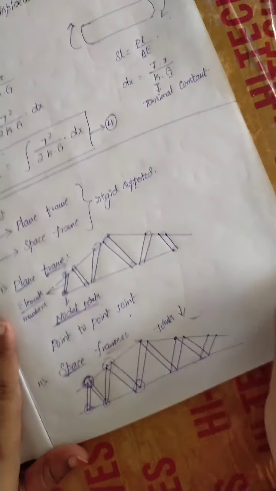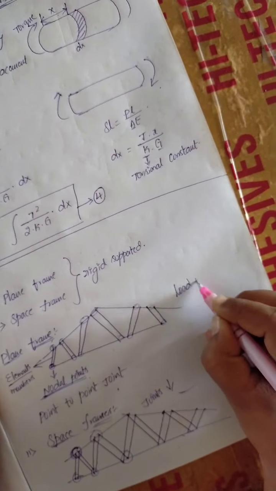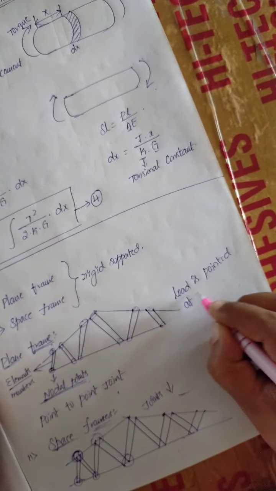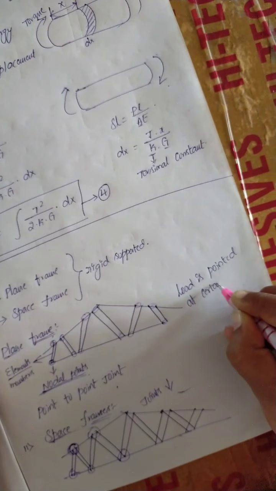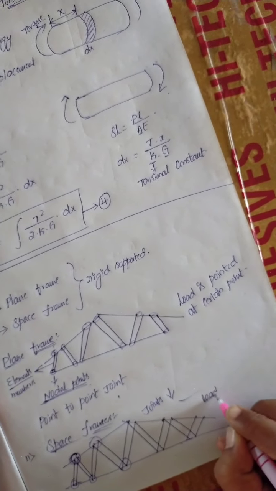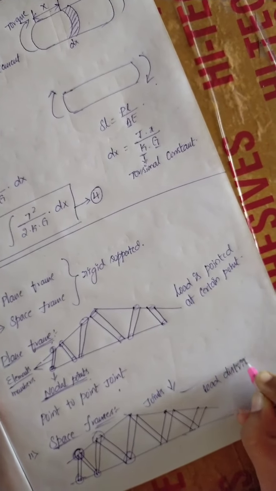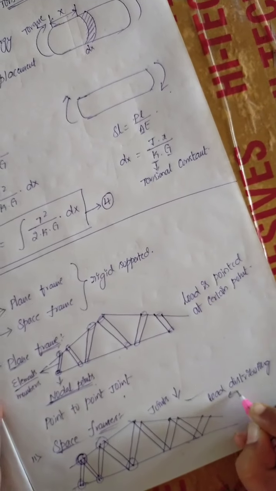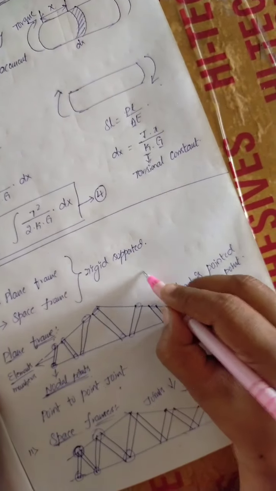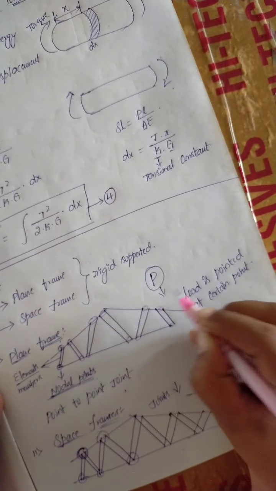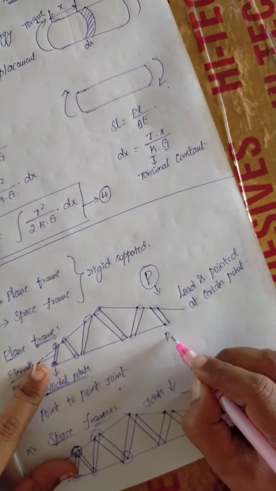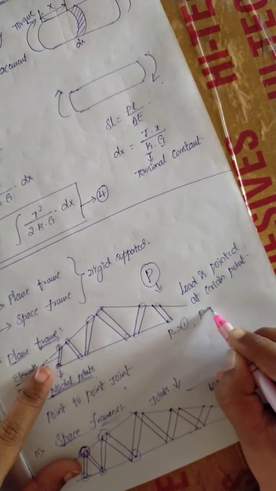Here the load is pointed at a certain point, and here the load is distributed equally. For example, the complete load P acting on the frame will be P for the first one and P for the second one.